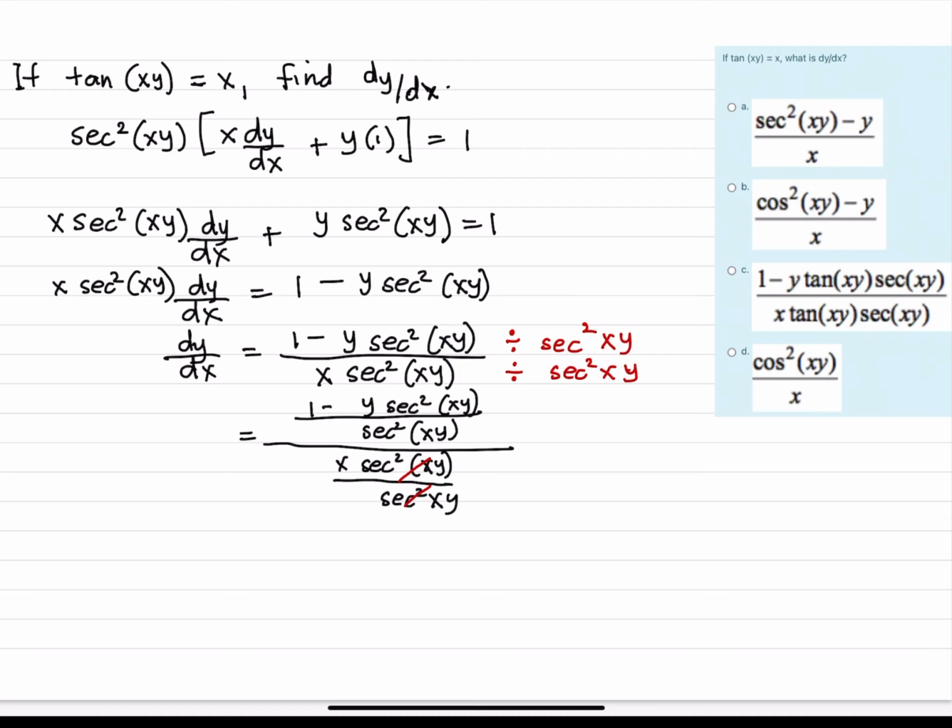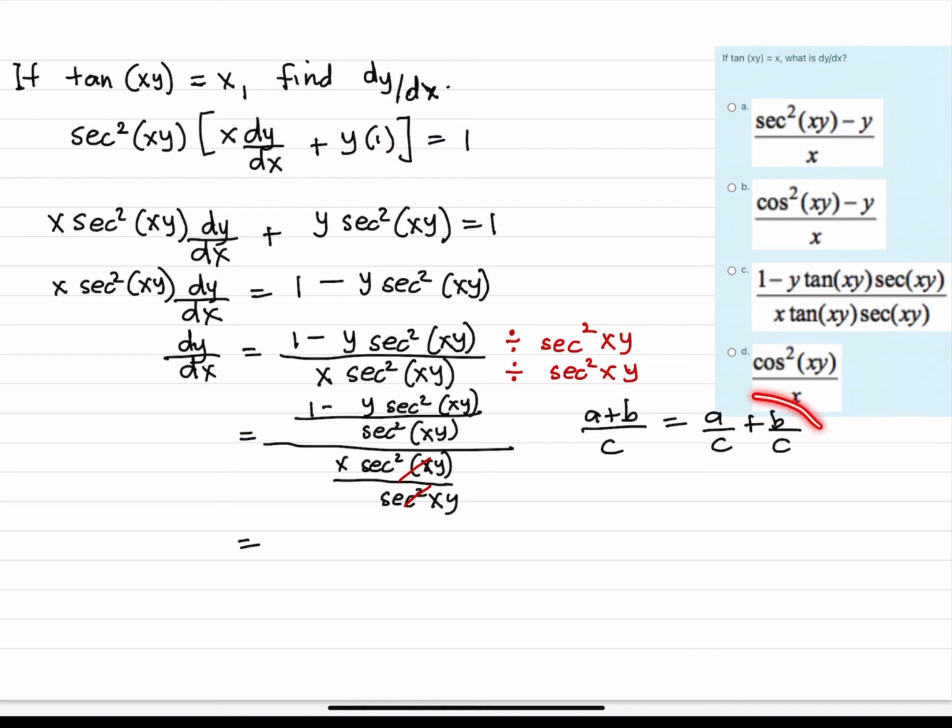Okay, and how about the numerator? Let's simplify further our numerator. Take note that I can break this apart into two fractions, just like if you have a plus b over c, you can rewrite this as a over c plus b over c, isn't it?